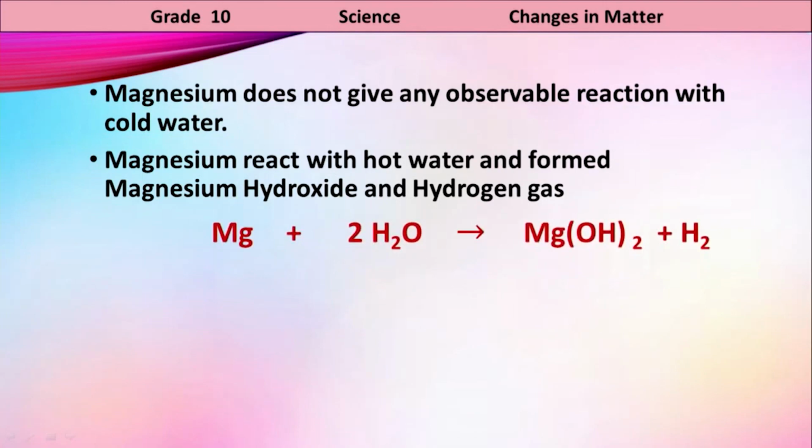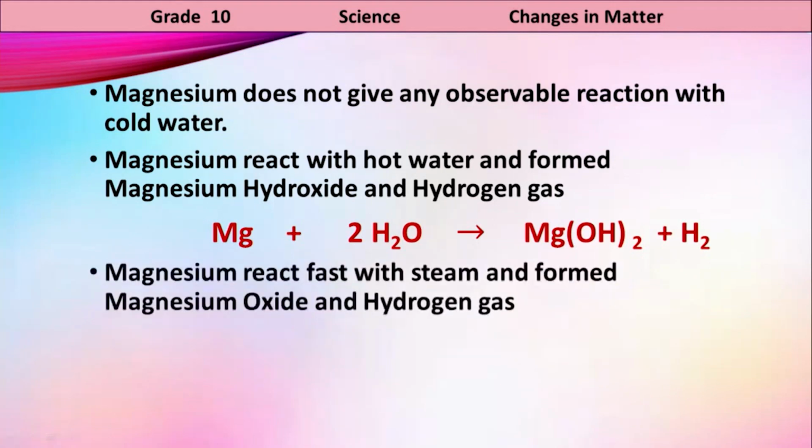Magnesium reacts with hot water and forms magnesium hydroxide and hydrogen gas. If we consider magnesium, it reacts with steam very fast and forms magnesium oxide and hydrogen gas. Magnesium reacts with steam and forms magnesium oxide and hydrogen.